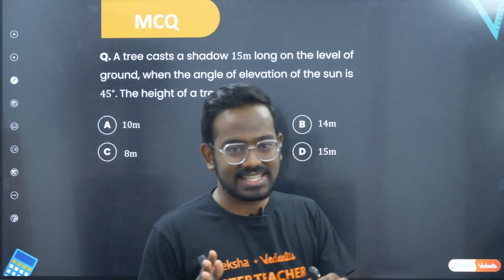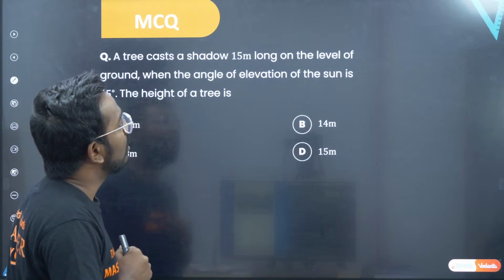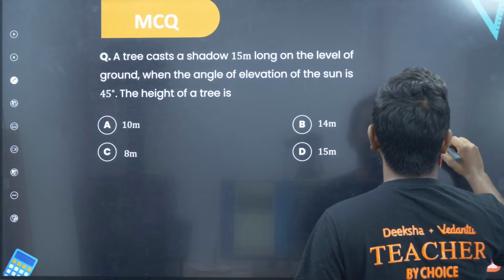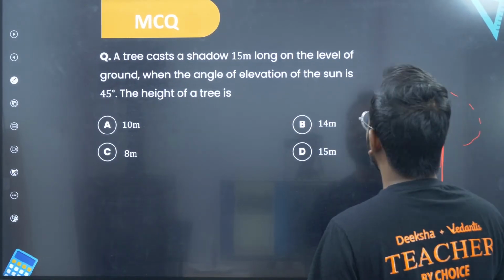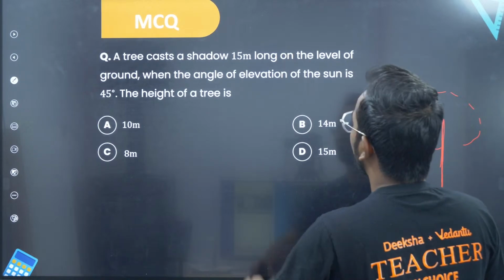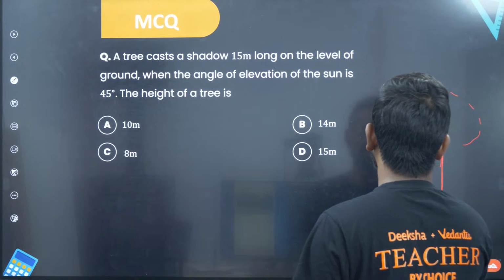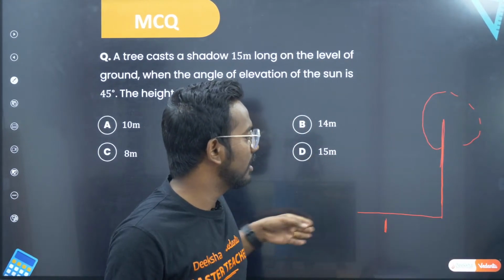Yes, a tree casts a shadow. So a tree casts a shadow 15 meter long on the level of the ground. I'll take the tree a little bit bigger. So this casts a shadow of 15 meter long on the level of the ground. For this, the shadow will be horizontal.